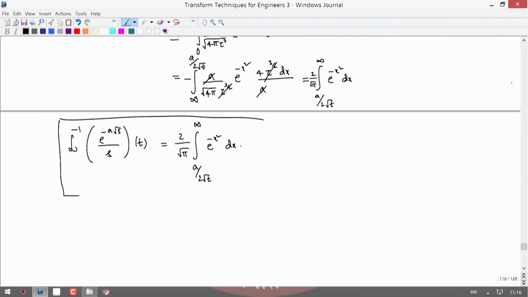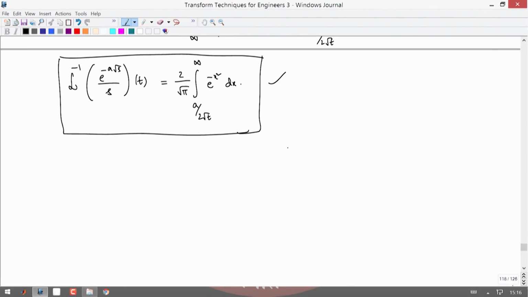You can also make use of another Laplace inversion. You simply differentiate this quantity, since a is positive, a is between 0 to infinity. So, a is positive.